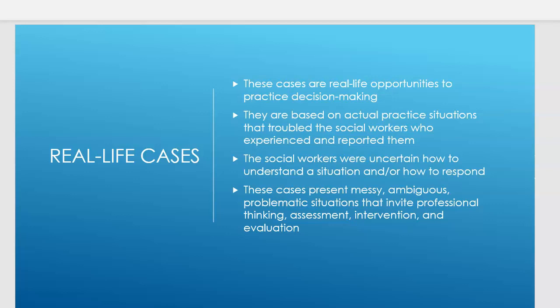So in sum, these cases present messy, ambiguous, problematic situations. And this is designed to invite your professional thinking, your assessment, intervention, and evaluation skills, and is an opportunity for you to put the case together in a way that you use your analysis and critical thinking skills.